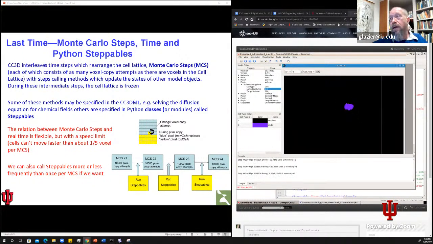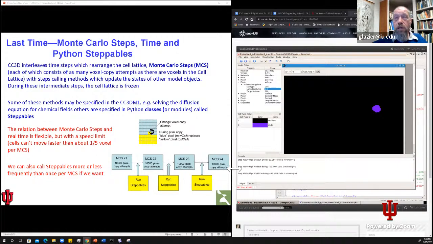And so typically what happens is there's one sweep of the cell lattice, which is called the Monte Carlo step, through the cell movement. And then the cell lattice is frozen for just a minute. And then you run all of the other things called steppables that go in between the steps of updating the lattice.